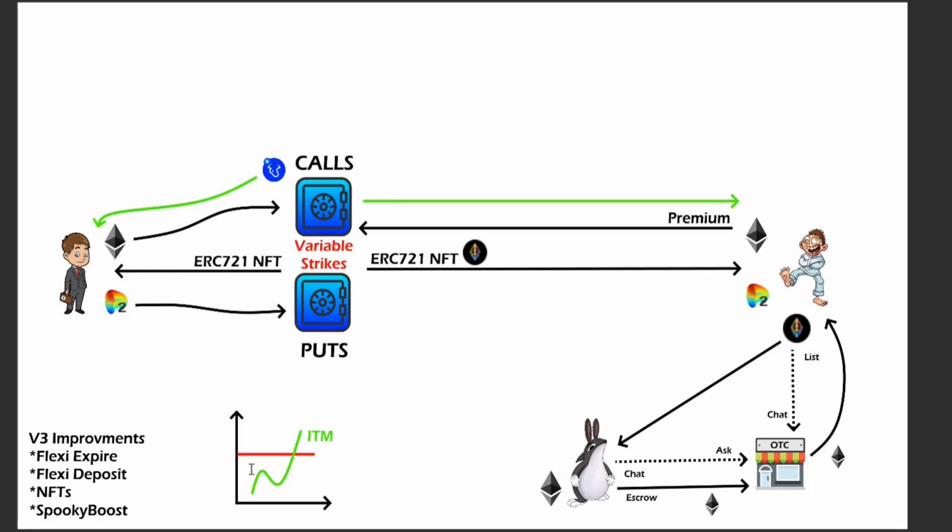Now, let's say some time goes by before the end of the strike price. So let's say this was a 1 month or a 1 week option. Before the end of the time, the price of that asset, in this case Ethereum, goes in the money, they say. So it goes beyond the strike price that dollar bill has set. Then this option that he has purchased will be exercisable.